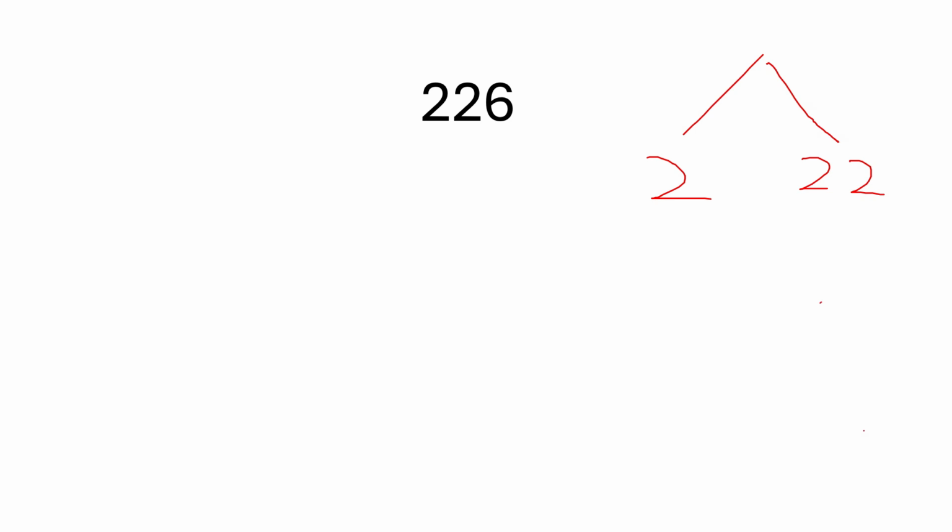So let's go down this path where we take 2. It leaves us with the substring 26. Again, we have two choices. Take the next 2, or take the next two digits 26.